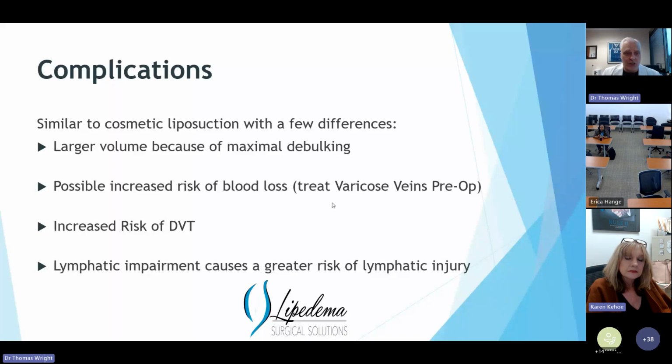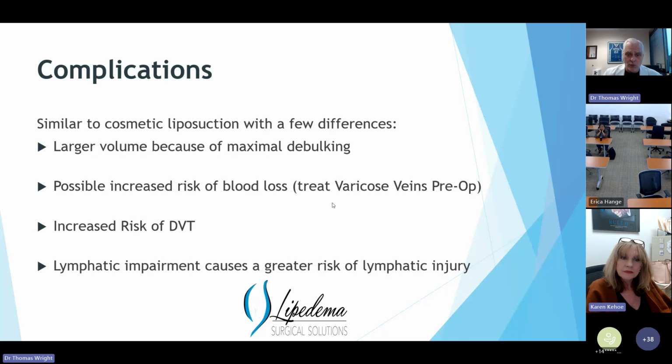So complications. The complications are similar to those with liposuction, but there are a few differences. It's a larger volume because we're focusing on maximal debulking. It's a longer surgery. So there is an increased risk of blood loss, especially in those with large varicose veins.